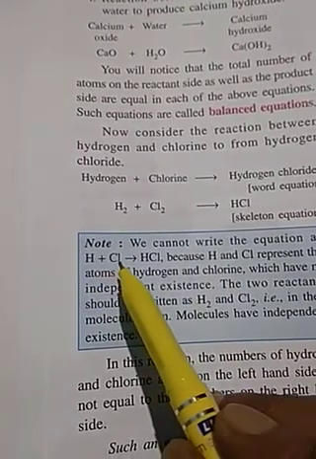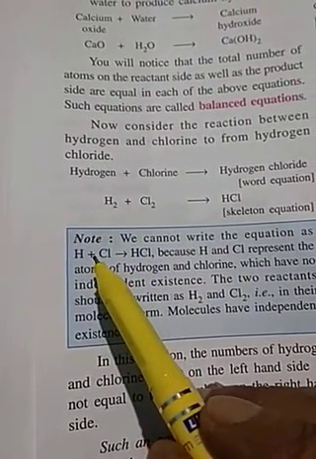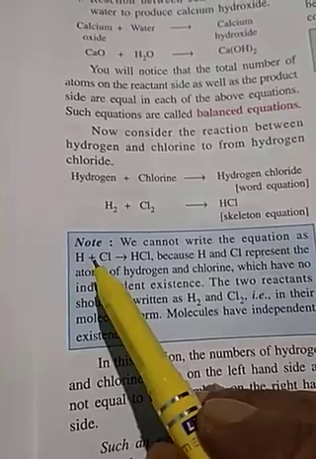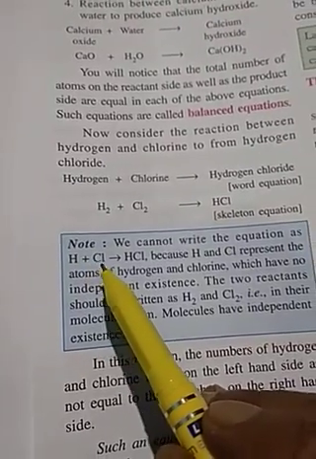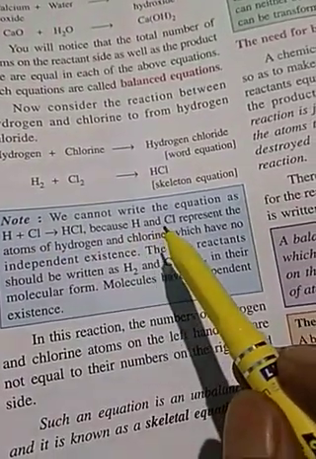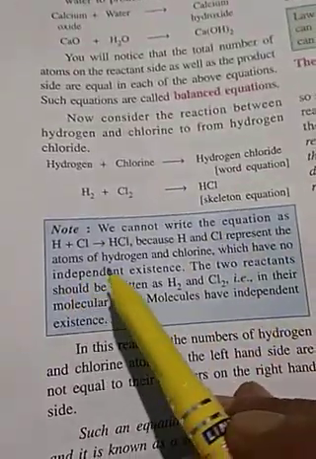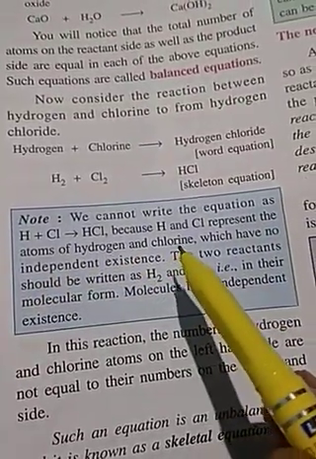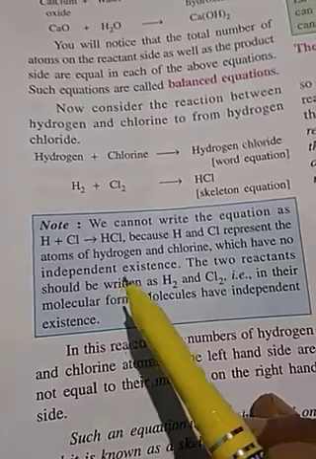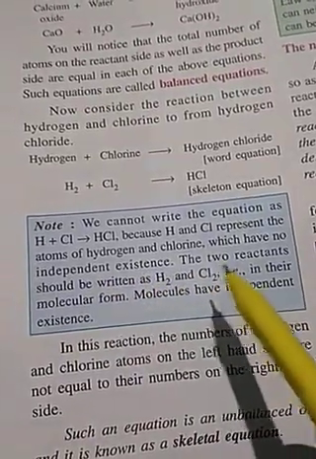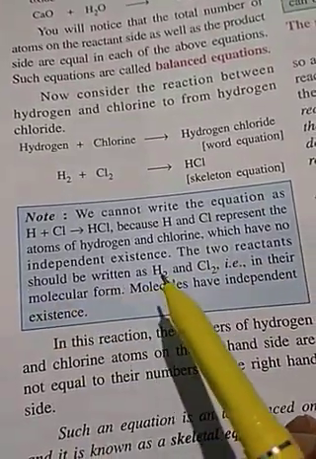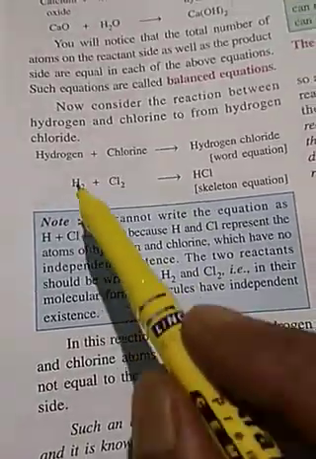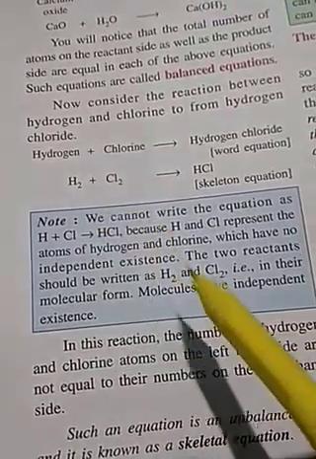If they do not exist in an independent state, they will not take part in chemical reactions, because hydrogen and chlorine here represent atoms which have no independent existence. So the two reactants should be written in molecular form, H2 plus Cl2.